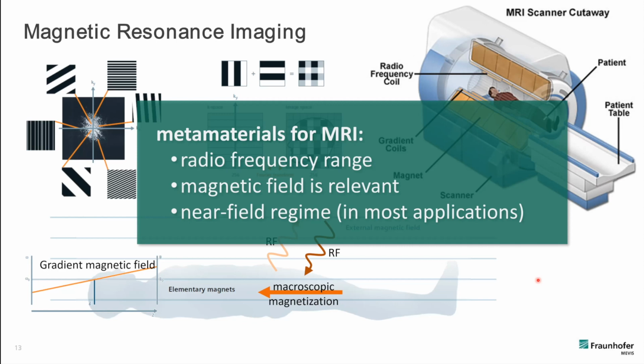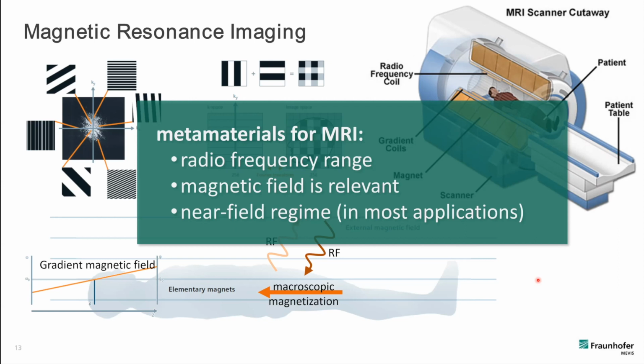And something which is important for people working with metamaterials, they are typically used to work in the far field. And as you know, in most applications, at least at 1.5 and 3 Tesla, we are talking about a near field regime, which in principle allows us to be not limited by the wavelength of our radio waves if it comes to imaging purposes.